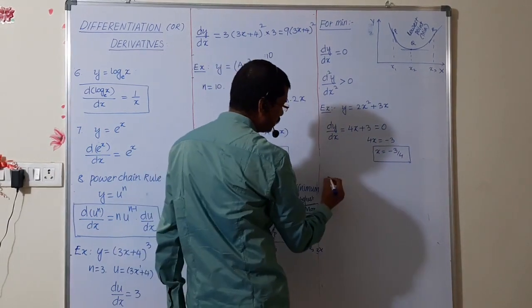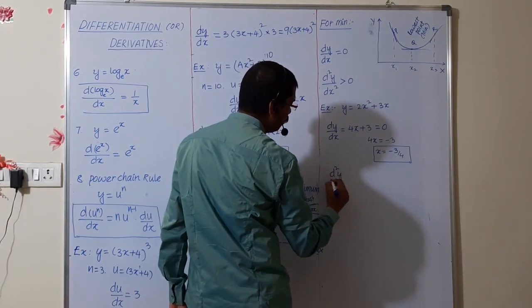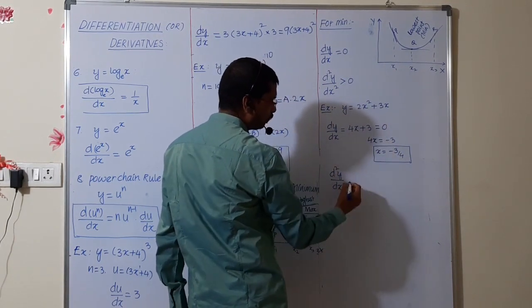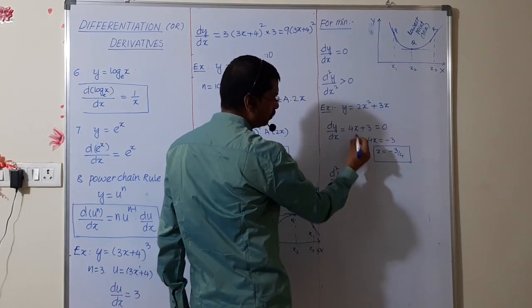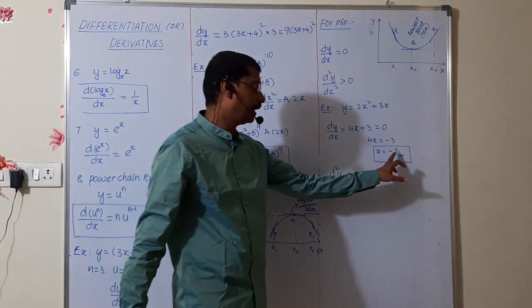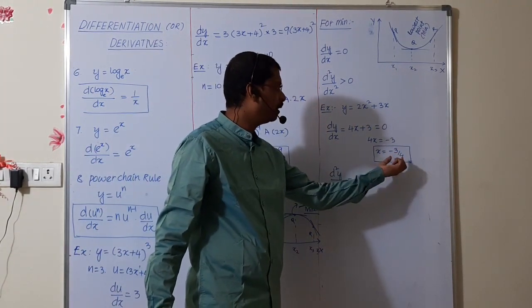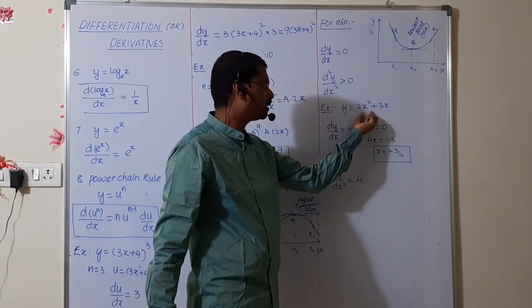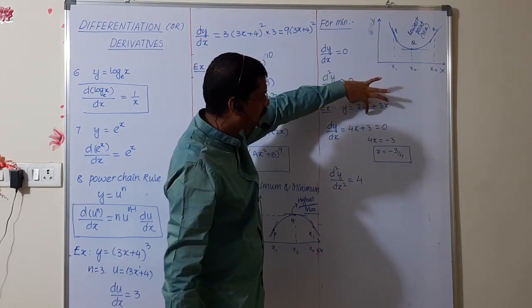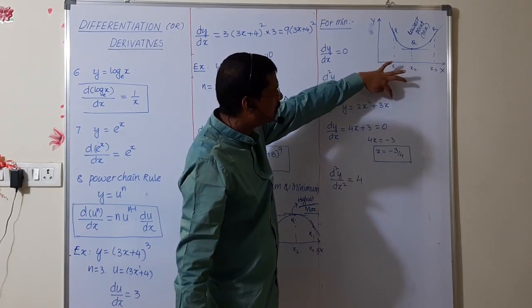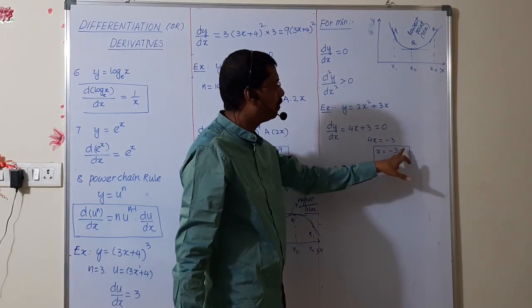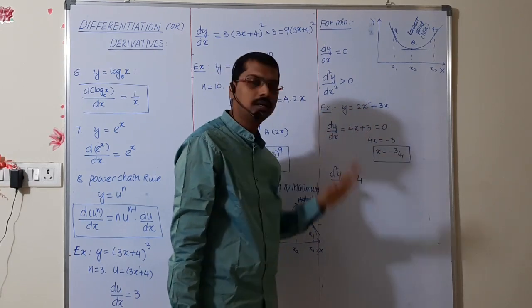Now we do the double differentiation, d²y/dx². Whenever x equals minus 3 by 4, the first differentiation value is 0.